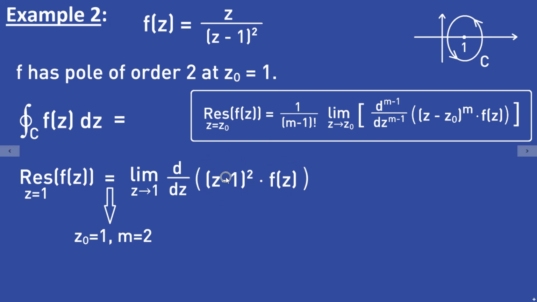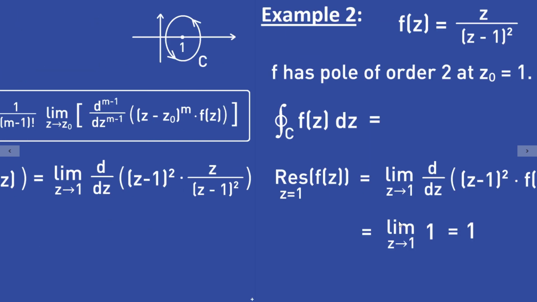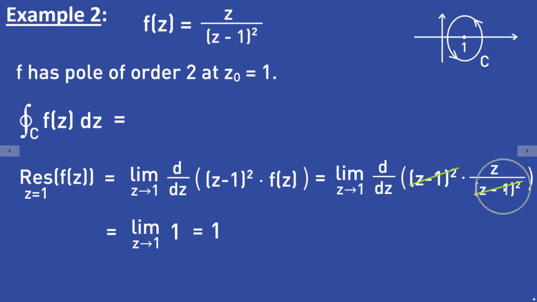Now this here is equal to the limit z to 1 of the derivative of z minus 1 squared times z divided by z minus 1 squared. We can cancel this here.